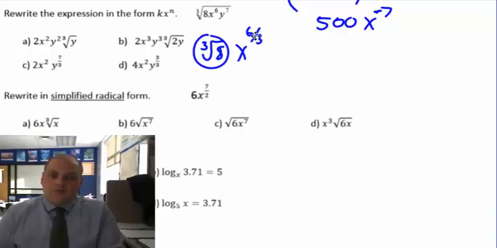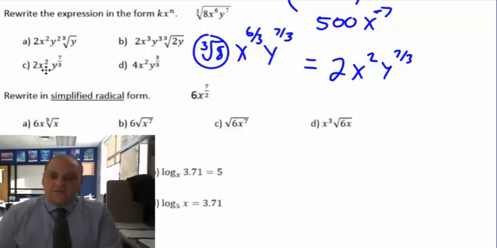Remember, guys, power over root. 6 is the power, 3 is the root. y to the 7/3. That root is the bottom of the fraction when you have an exponent. Okay, so 6 over 3 is 2. Cubic root of 8 is 2. So this equals 2x squared y to the 7/3.